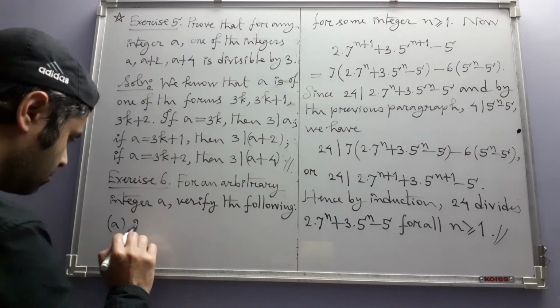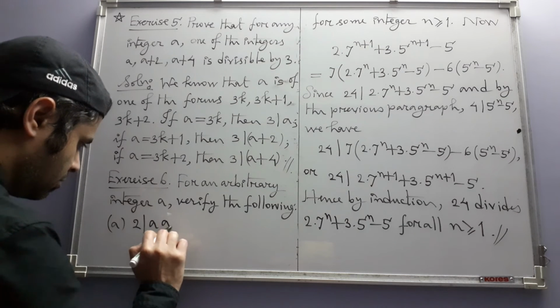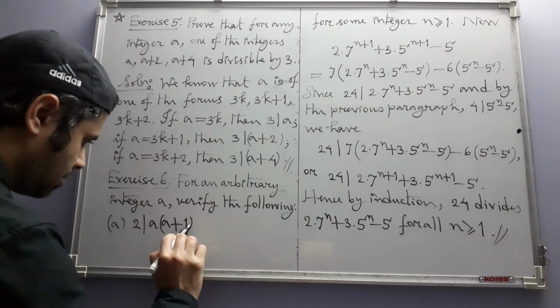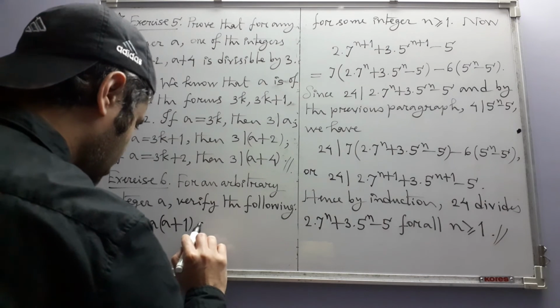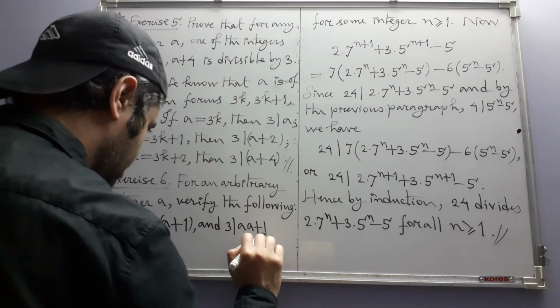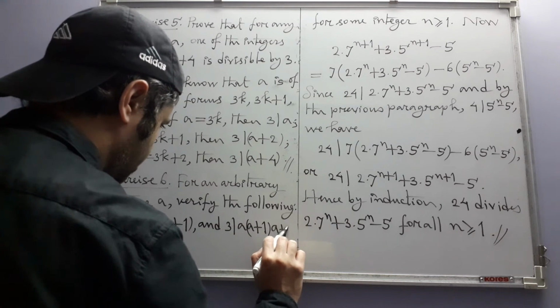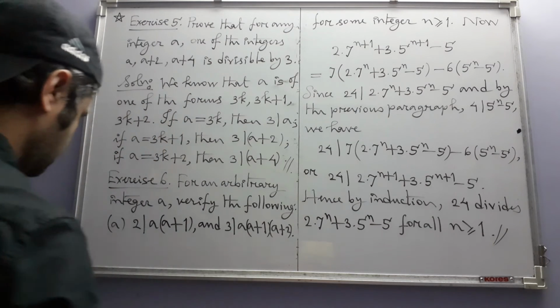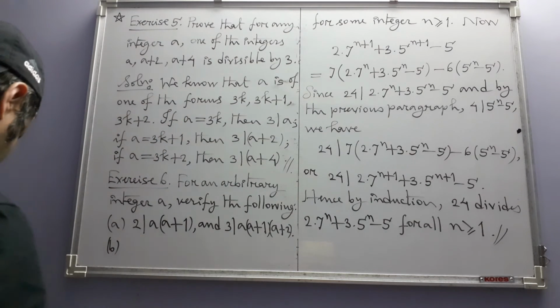Part A. 2 divides a times a plus 1, and 3 divides a times a plus 1 times a plus 2.